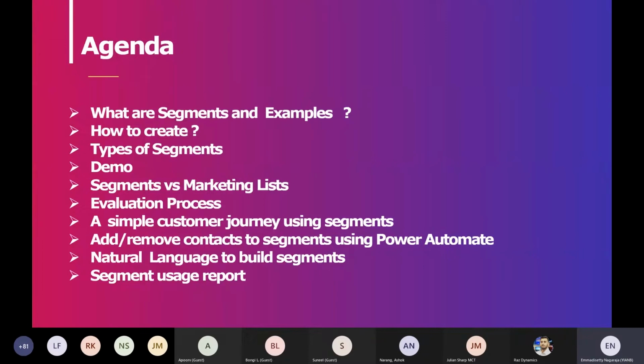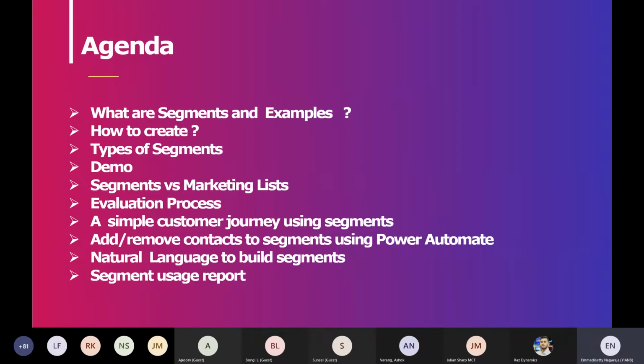We will see that first, and then we will see how to create them, and what the different types of segments in Dynamic 365 marketing are. We will see a real-time demo of how we create them in Dynamic 365 marketing, and then what segments with marketing list are. A marketing list is kind of a segment, but it is an old concept which is part of Dynamic 365 for sales.